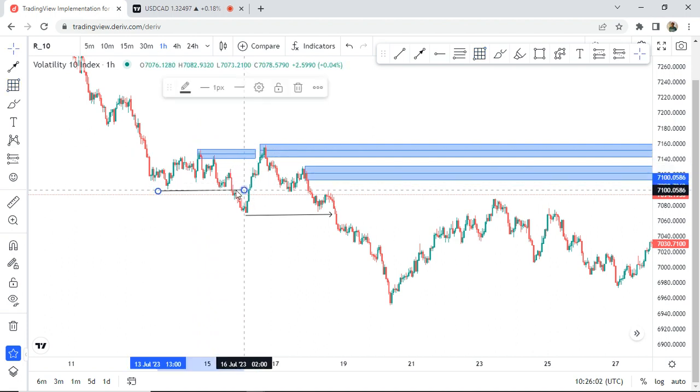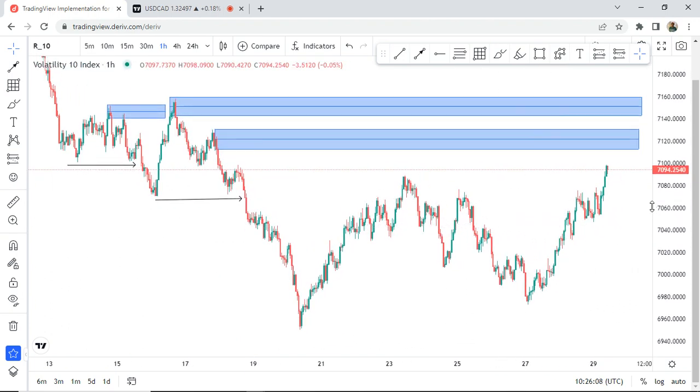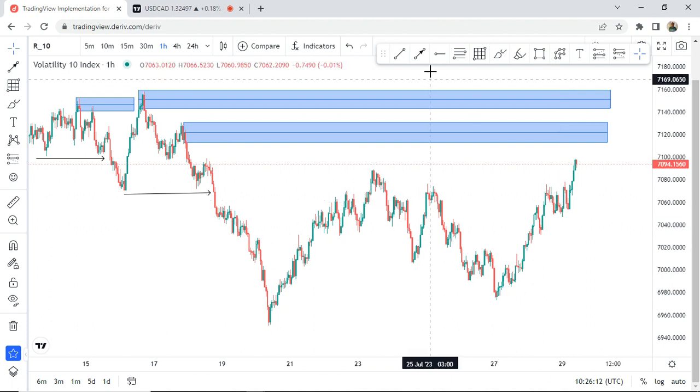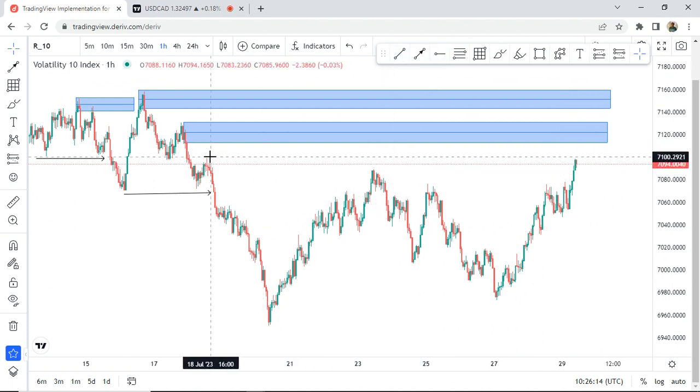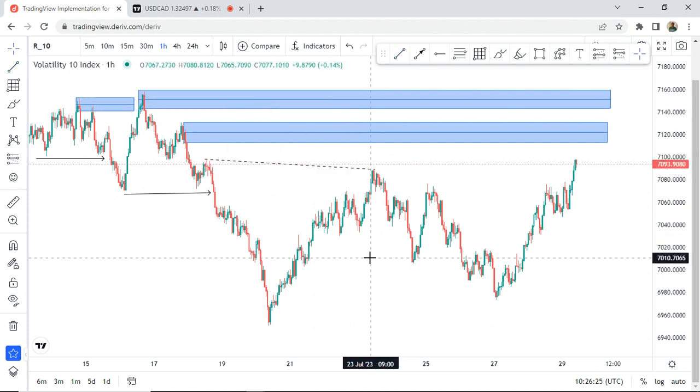But our focus is no longer there, because our focus is mainly on the current price. With these two order blocks, guys, we don't know which one is gonna react. But one thing I can tell is that the market printed some form of a liquidity here, making the order block above valid.